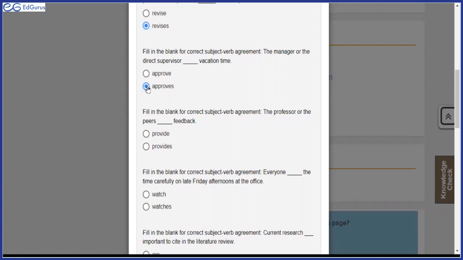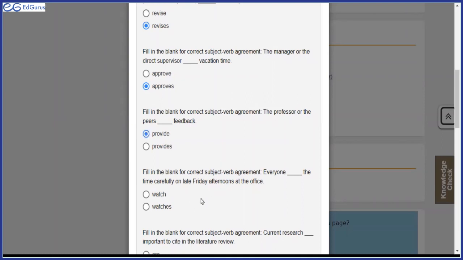So this would be a singular subject. Okay, the professor or the peers ___ feedback. Provide. Provide, right? Professor is singular, but peers is plural, and the closest subject is peers, so it would be a plural verb.